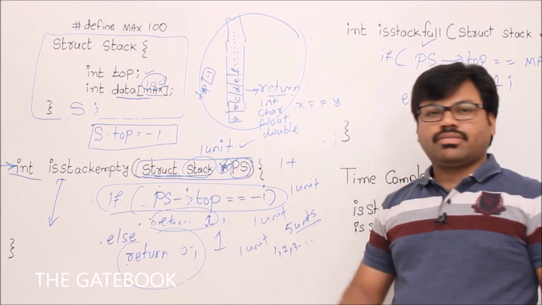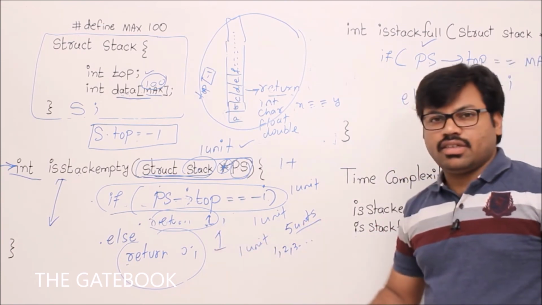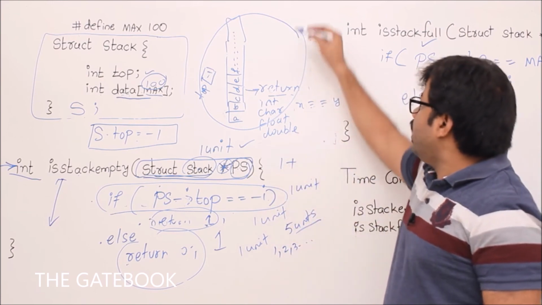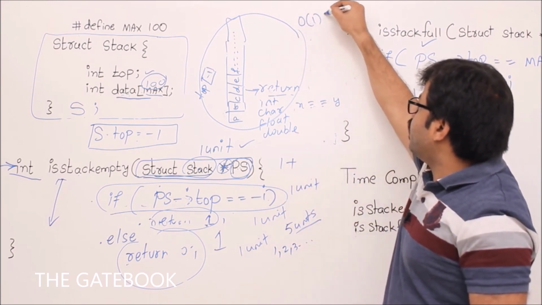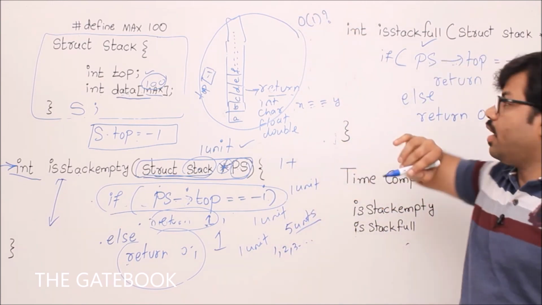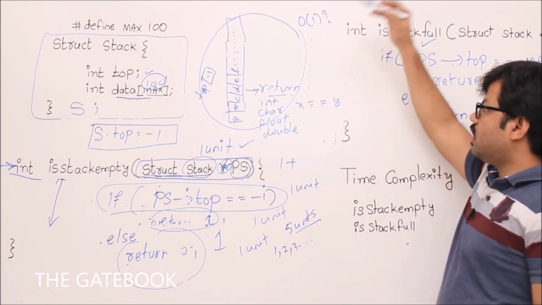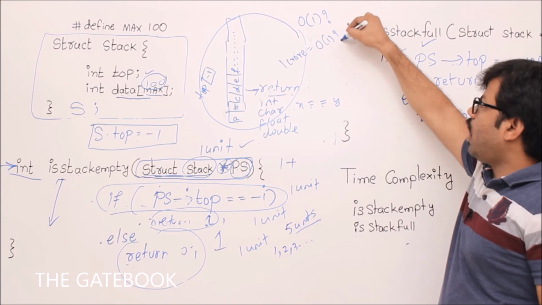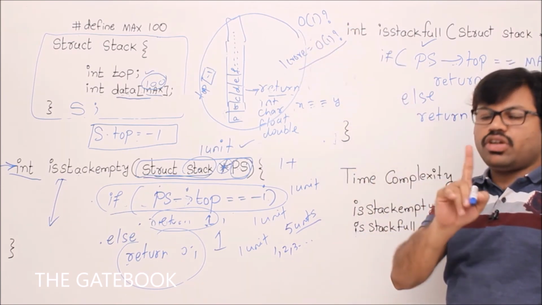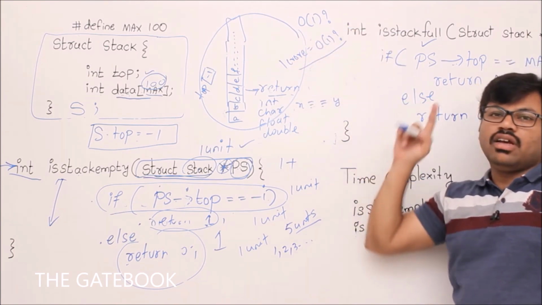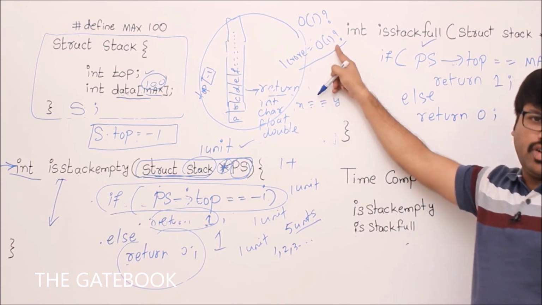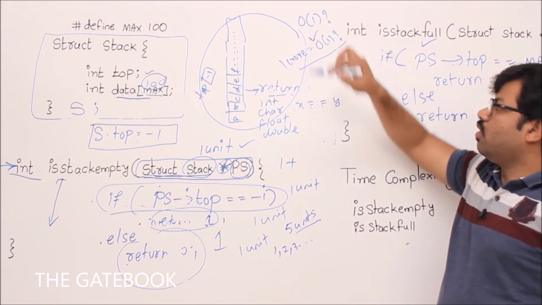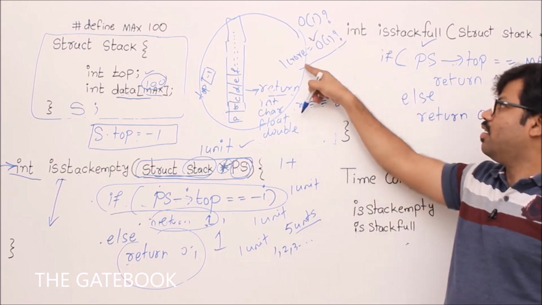I will tell you the reason. We say order of 1. Why it is order of 1 is a question. Simple. Already we proved that any constant, you take 1 crore, is order of 1. If you have a doubt, please attend my asymptotic notation lectures. Already I proved it there. So any constant is order of 1. If you don't want to attend those lectures, then remember it.